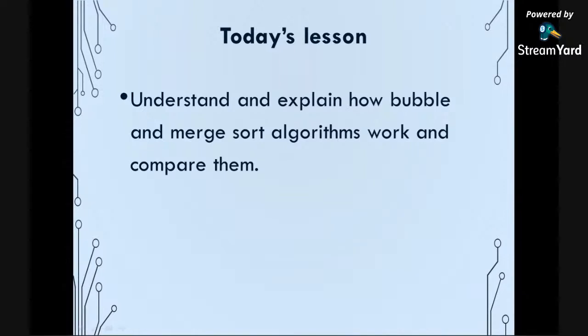So that's a quick reminder of the linear and the binary search. If you have forgotten about that, then please have a look back through that video where we talked about that.